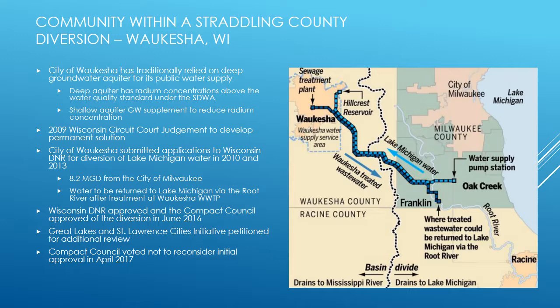As you can see, the map on the right shows the diversion of the Lake Michigan water to Waukesha, and then the treated wastewater coming back from Waukesha into the Lake Michigan basin to the Root River, where it eventually goes to Lake Michigan.